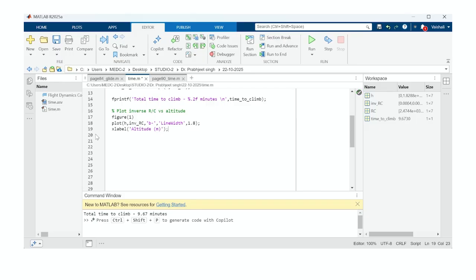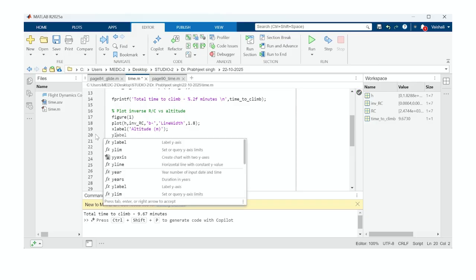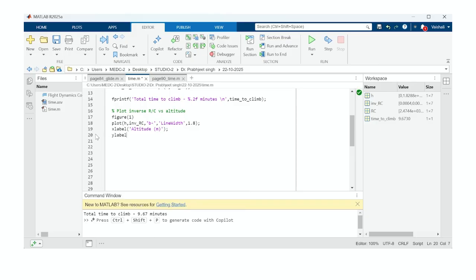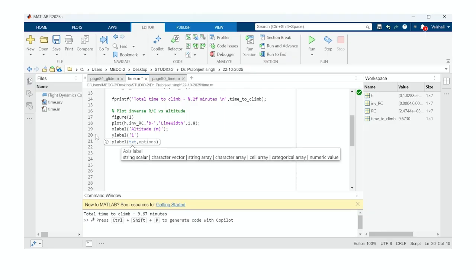Okay, then we have ylabel, one upon R by C, in brackets I'm writing here minutes. This will be inverse, not meters upon minute, minute upon meters.